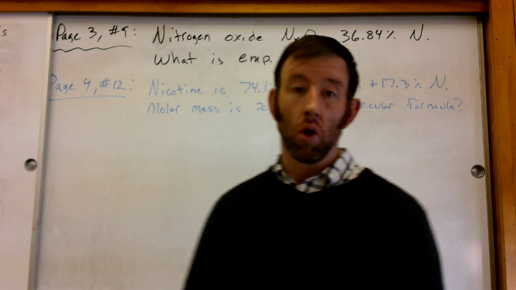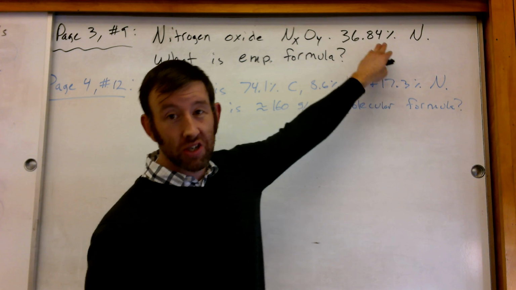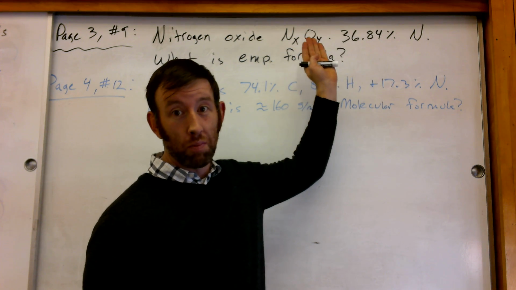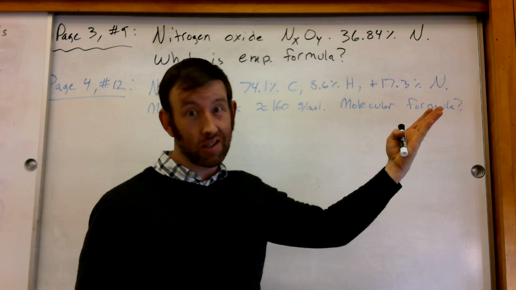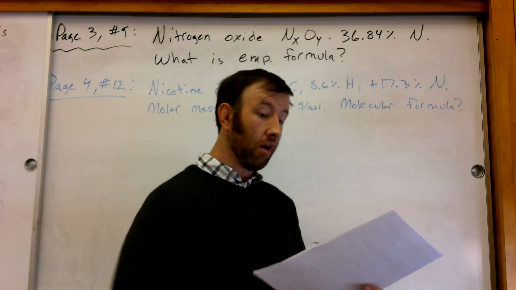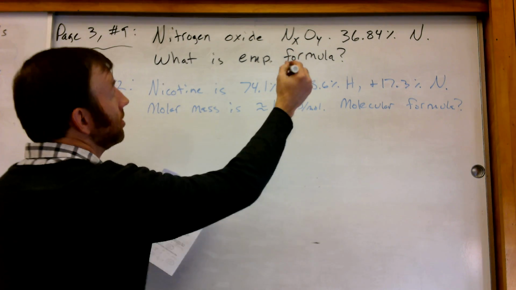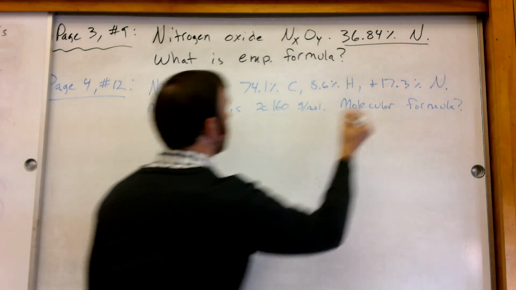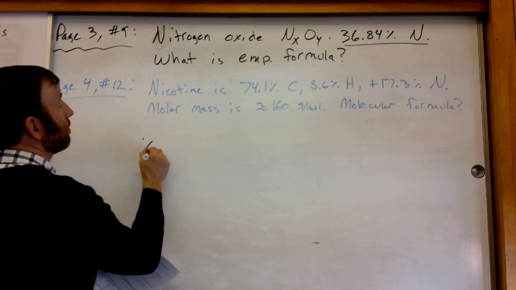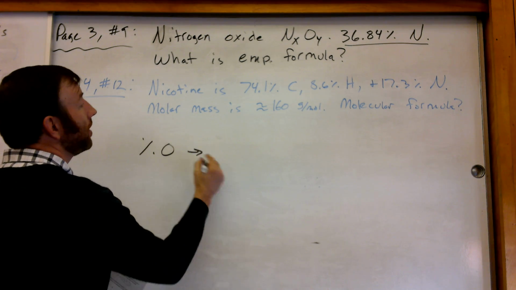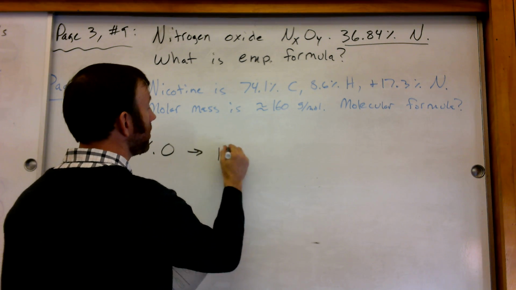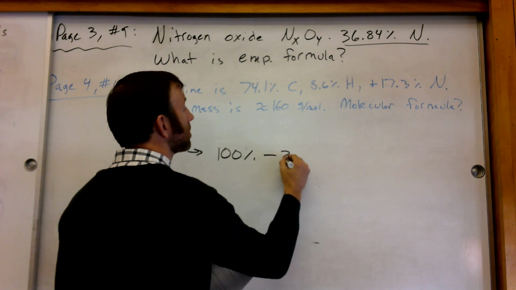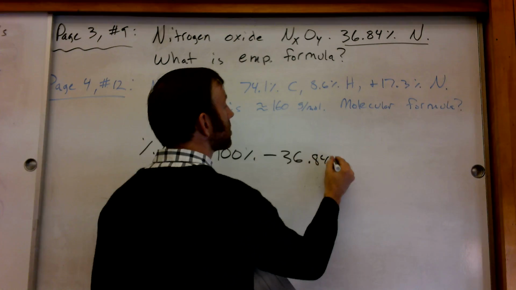First of all, we're only given one percentage here, out of the two, but how hard is it to find the other one? It's not. We just subtract it from 100. So I know I have 36.84% nitrogen, so my percent oxygen would be 100% minus 36.84%.